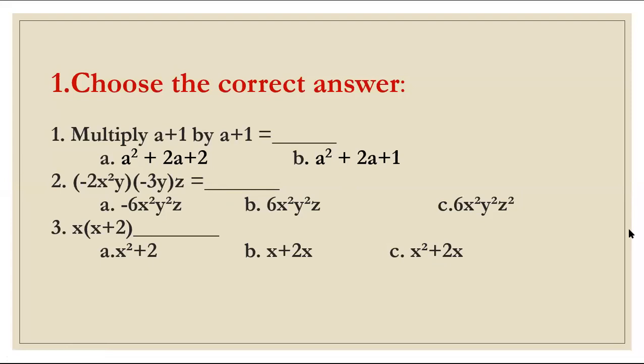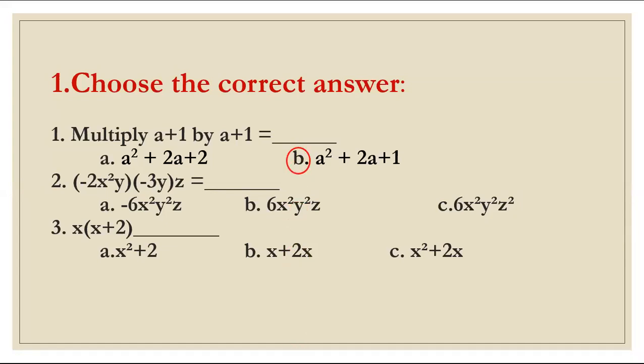Some students are saying A, some saying B. Aisha is saying option A is correct. Halima is saying A. Hania is saying A. Saad is saying A. Hassan is saying B. Let's see the answer.